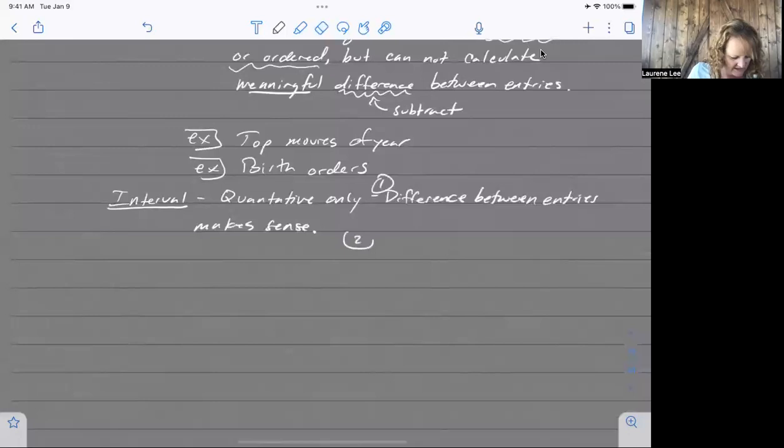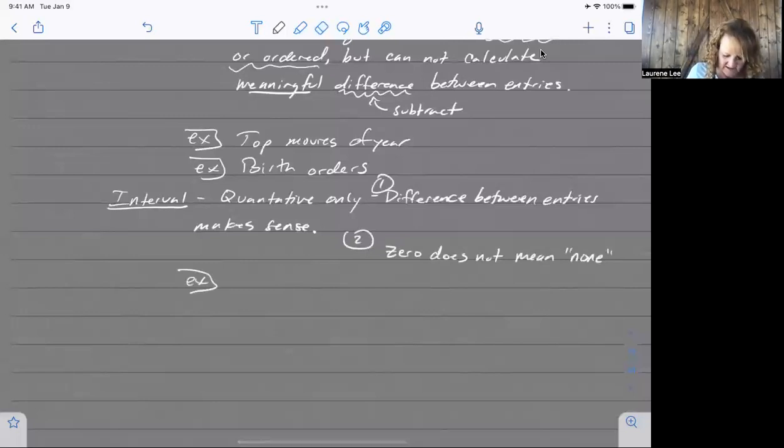The second is that 0 does not mean none. Okay, now let's talk about what this means. Let me give you an example and we'll explain in context of the example.